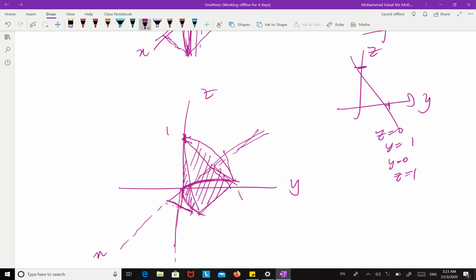Okay, actually this is the thing, and then this is a line sliced out, that is z equals 1 minus y. Okay, we finish up this. Next class we will move to cylindrical coordinates. Goodbye.